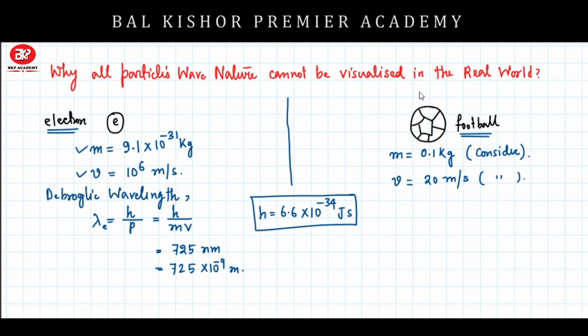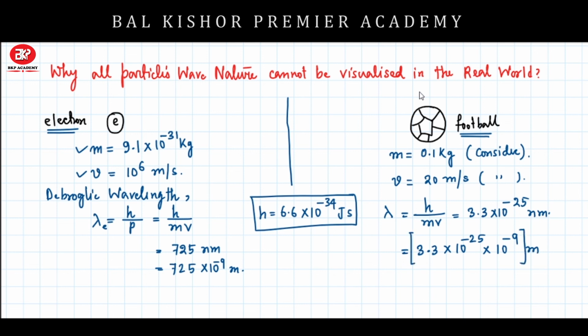In the case of the football, if we find the de Broglie wavelength, then lambda will be h by mv. If we put the values of h, m and v for the football, we get 3.3 into 10 to the power minus 25 nanometer, that is, 3.3 into 10 to the power minus 25 into 10 to the power minus 9 meter. So we can see the wavelength of the wave associated with the football and also with the electron.